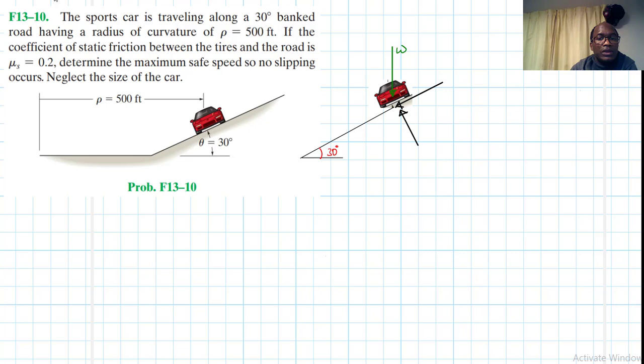So if this is 30, then we know that this angle here is 30, right? This is 30 degrees. And this angle here also.